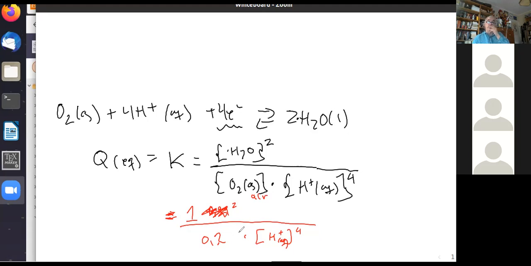But then we are getting into a lot of trouble. It's approximately 0.2 at least. So here we have an expression for the equilibrium constant, or if you want, the reaction quotient, if this is not at equilibrium.